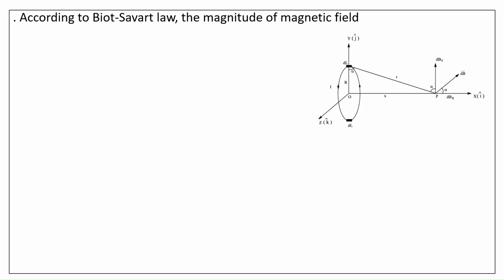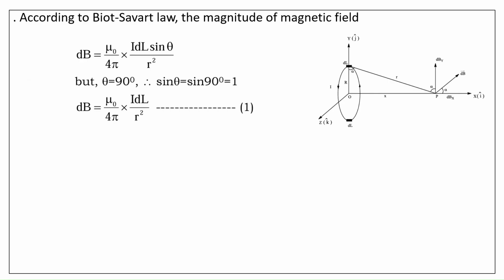According to Biot-Savart law, the magnitude of the magnetic field dB is equal to mu naught by 4 pi into I dl sine theta by r square. But theta is equal to 90 degree, then sine 90 degree is equal to 1. Therefore, dB is equal to mu naught by 4 pi into I dl by r square.